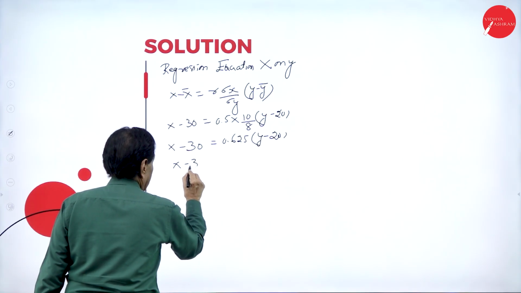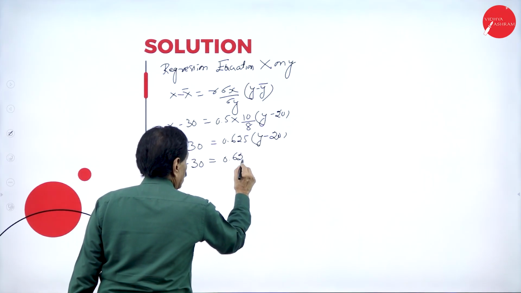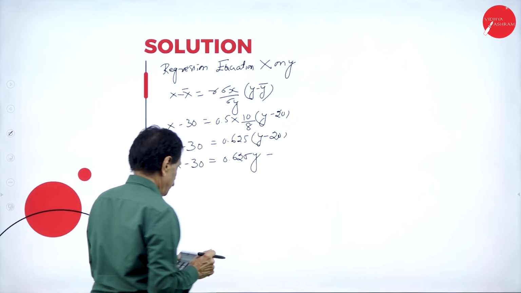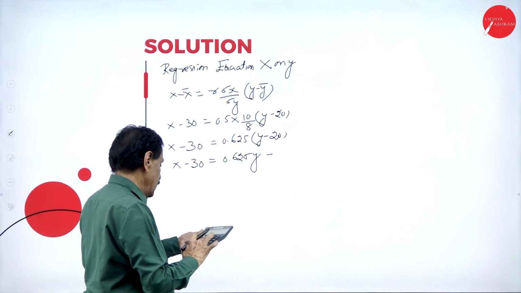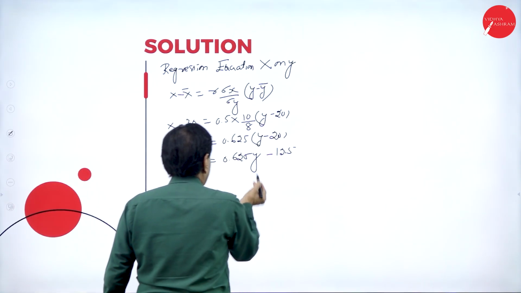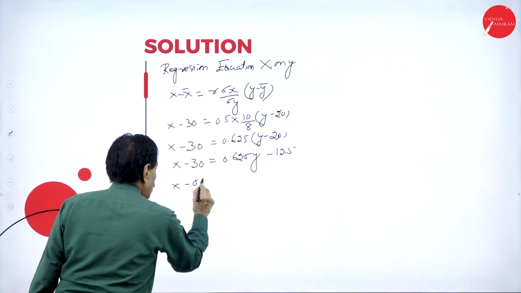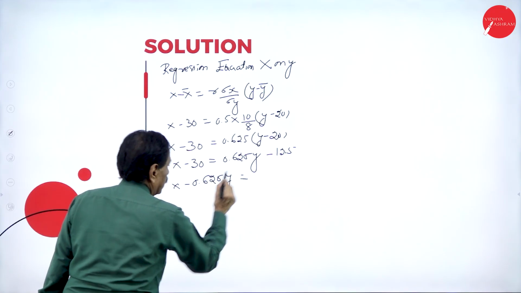X minus 30 is equal to 0.625y minus 0.625 into 20, which is 12.5. You take the y this side: x minus 0.625y.